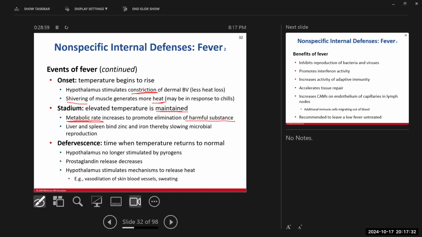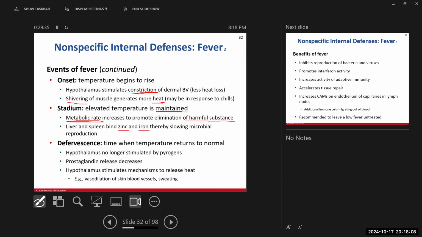Our liver and spleen love to soak up zinc and iron because guess what? Bacteria like to have those substances, and other pathogens want to use zinc and iron. That's why one of the things they encourage folks to do, especially if you're near the sick season, which we'll be moving into soon, is take zinc. Your body can utilize that to help with illness and whatnot.